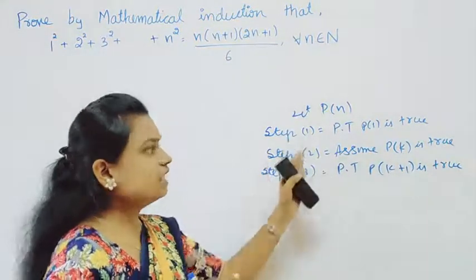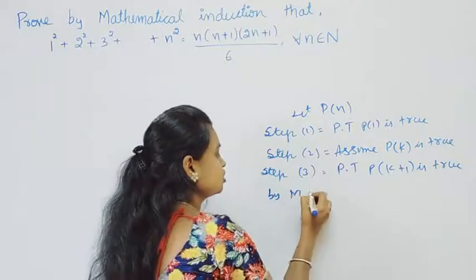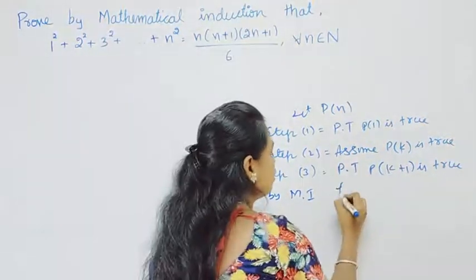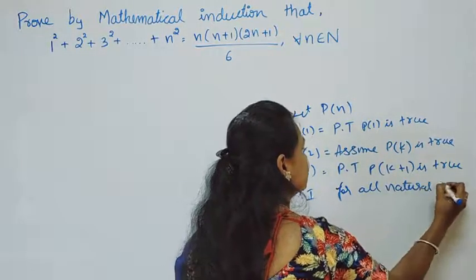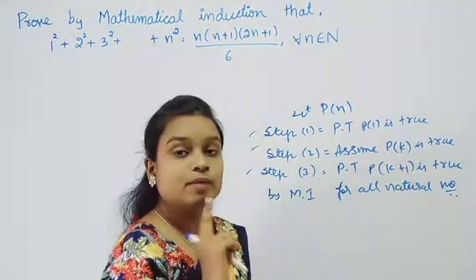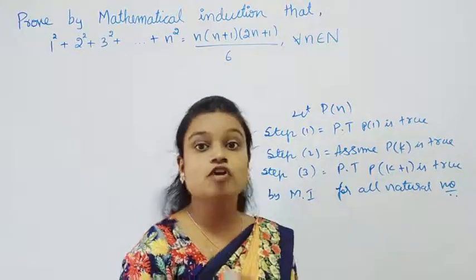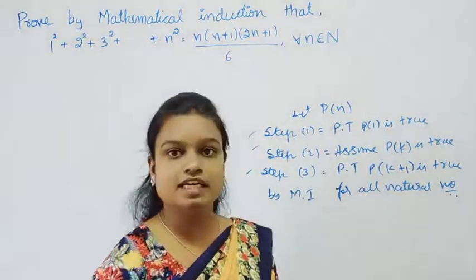If all the three are satisfied, then by mathematical induction the given result is true for all natural numbers. This is the principle of mathematical induction, right?